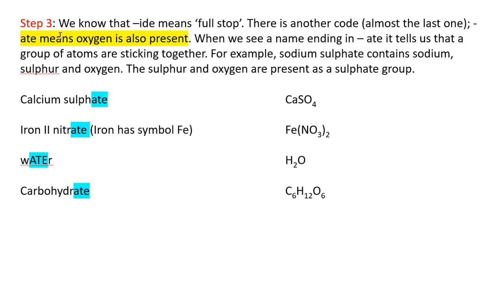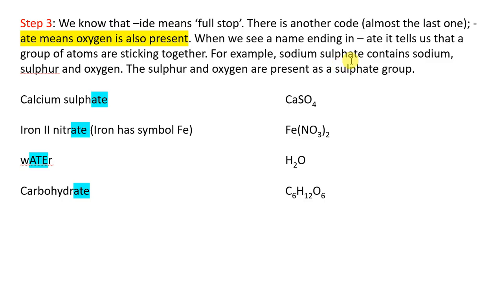If I talk about sodium chloride, that compound contains sodium and chlorine, and that's it. There's another code aside from IDE. ATE means oxygen is also present. So we see a name ending in ATE, it tells us that a group of atoms are sticking together.